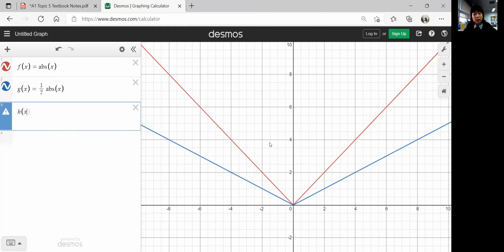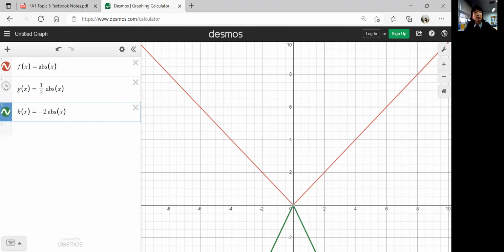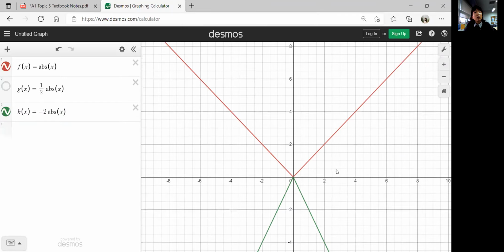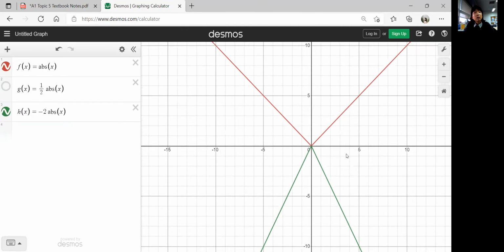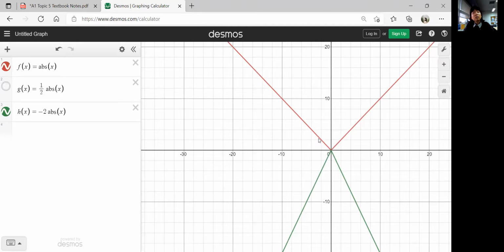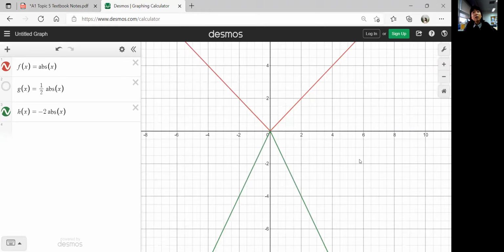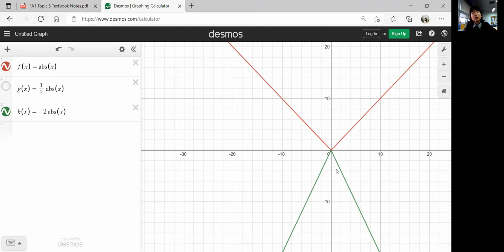h of x is equal to negative 2 times absolute value x. You see that? So let's get rid of the blue. And there is a horizontal compression and vertical stretch as well, but it's also going to be reflected across the x-axis.